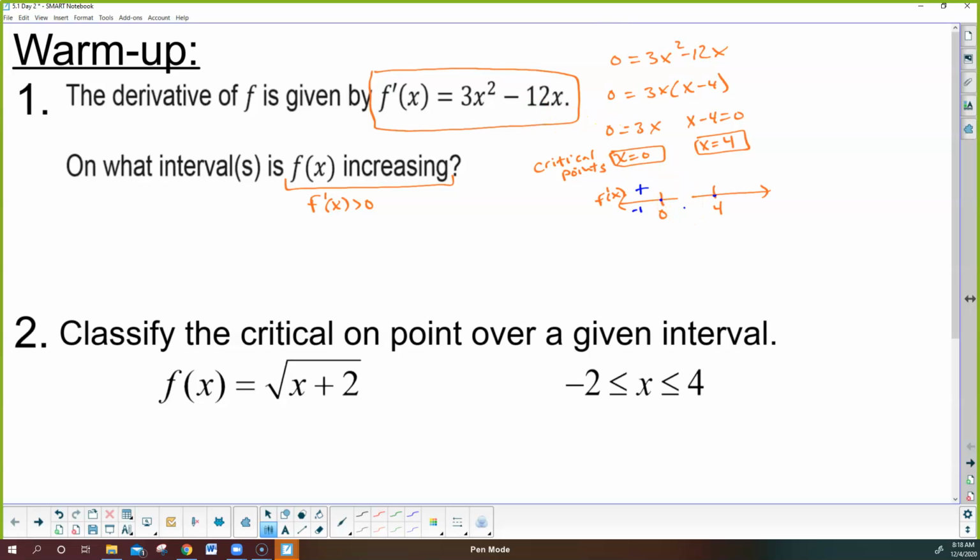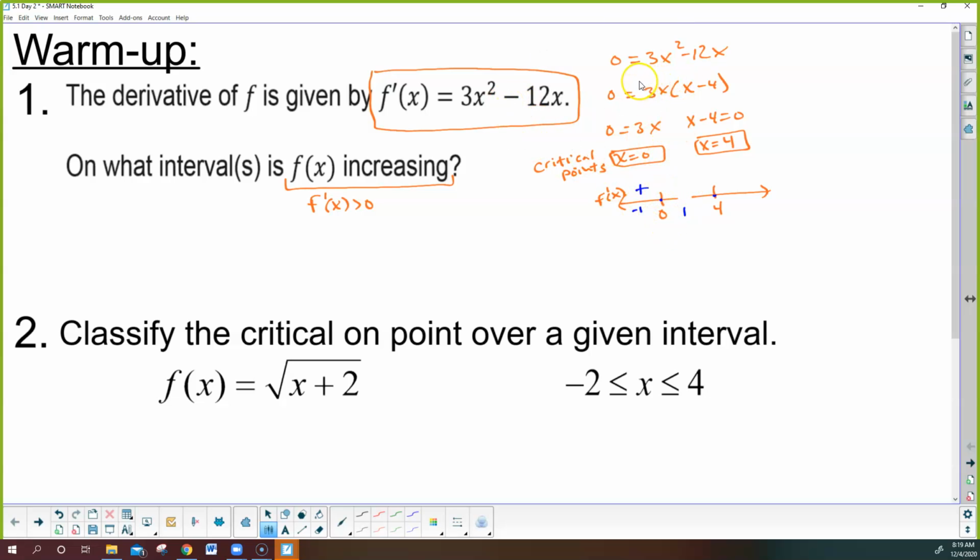So then I'm going to pick 1, right? 1 is a really friendly number between 0 and 4. If I plug 1 in here, I end up with a positive number. If I do negative 12 times 1, I get a negative. Well, I should be careful on that, since here we're not multiplying, we're just adding.